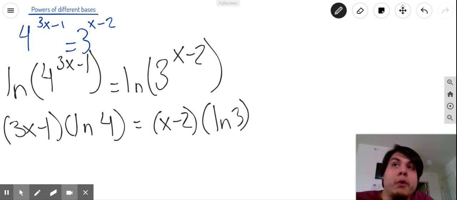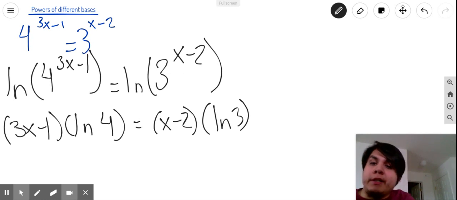So natural log of 4 is a number. It's not a nice number, but it's a real number. So rather than try to figure out the exact value of it, I'm just going to leave it as natural log of 4 with the knowledge that that is a number. Same with natural log of 3.